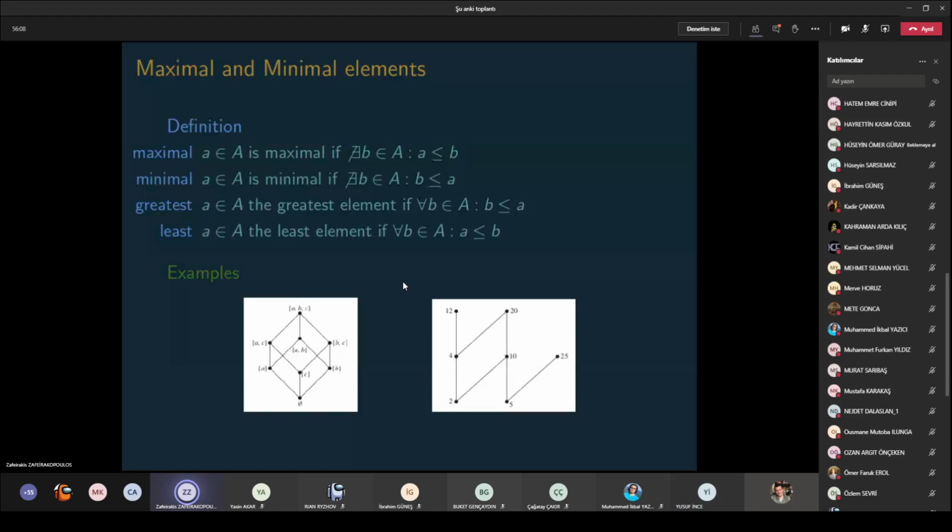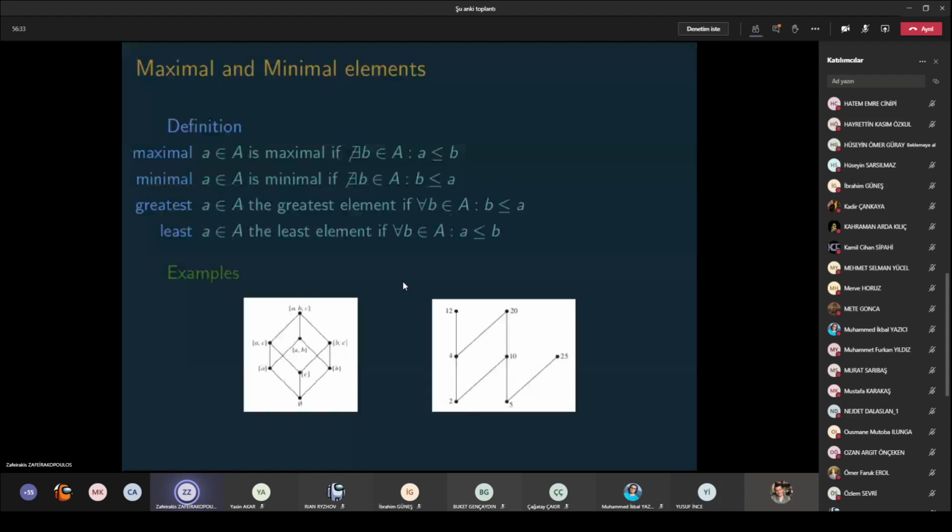You're almost there. How do we call the smallest number that is a multiple of two others? The least common multiple, right? So it's the least common multiple.